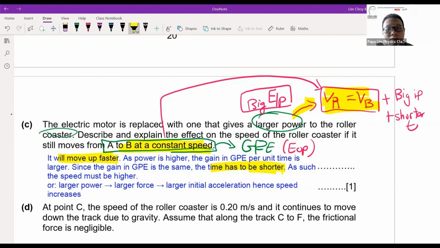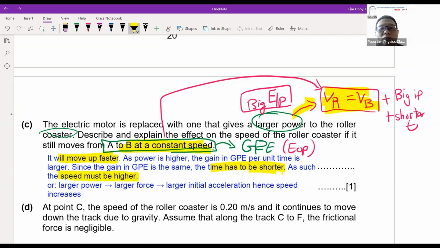So students, you have to be alert here. When we say the speed at A and B is a constant speed, it doesn't mean the number is the same for both cases. It just means that for each case, the speed at A and B is of the same value. It's just that the speed in the second scenario is a bigger number.